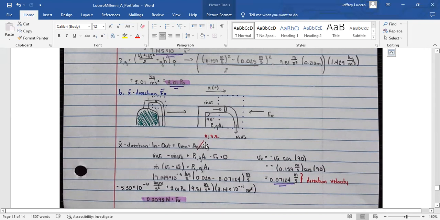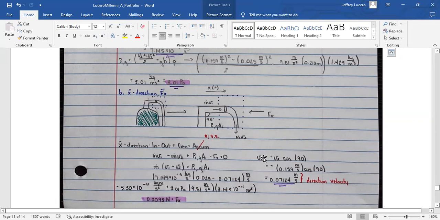We know that it's at steady state, so that's 0. So we have the mass flow rate times V1 minus the mass flow rate times V2 plus P1 gauge times A1 minus Fx equals 0. Then we can factor out the mass flow rate to get this equation.